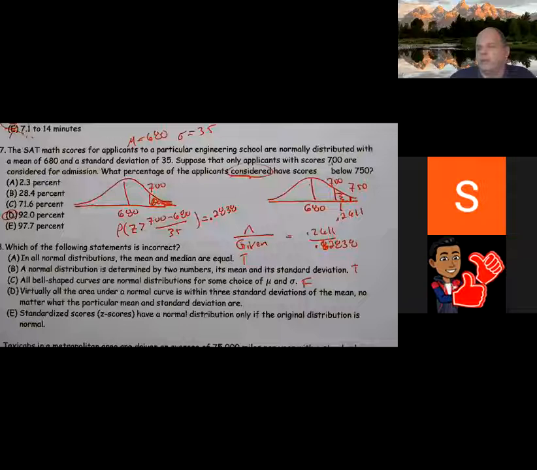This is true. And you're like, well, what about the distribution of means? The fact of the matter is the distribution of means is normal, therefore the standardized z-scores will be normal as well.